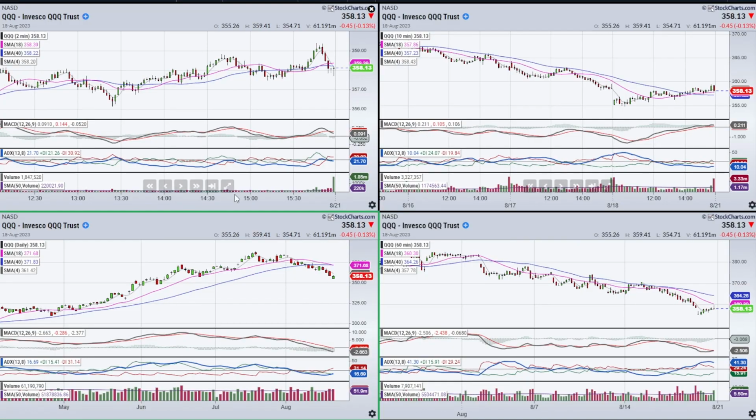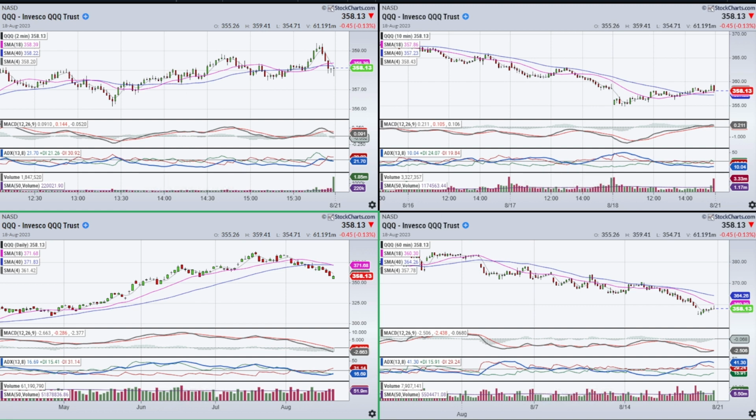I want to give you a few examples. Okay, so I've got my 4 charts up, but I'm looking at this as if I were doing the intraday trading. The template I like, the grid I like, is having a daily in the bottom left, an hourly in the bottom right, 10-minute in the upper right, and a 2-minute in the upper left.